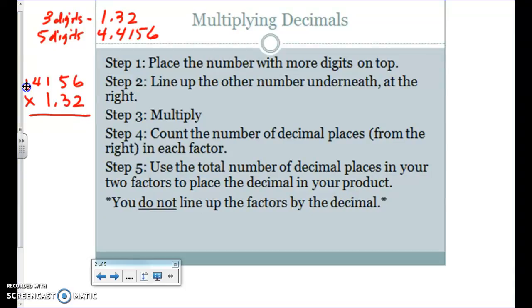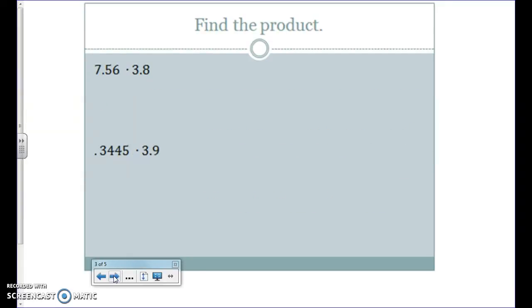I would know there's 1, 2, 3, 4, 5, 6 numbers behind the decimal point, so I would move my decimal point 6 spaces from the right when I'm writing my answer. Okay, and unlike addition and subtraction, you don't have to line up your decimal points.